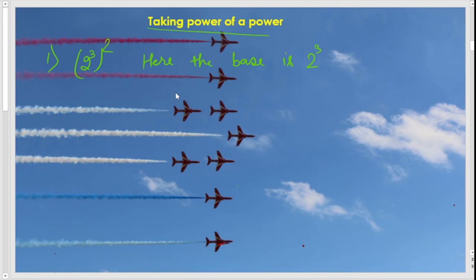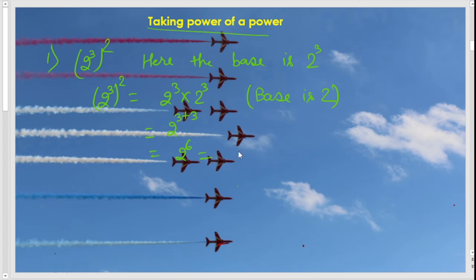That means we can write it as 2 cubed into 2 cubed. Now from here onwards the base changed. Here onwards the base is 2. So now we can write it like 2 to the power 3 plus 3, that means 2 to the power 6.